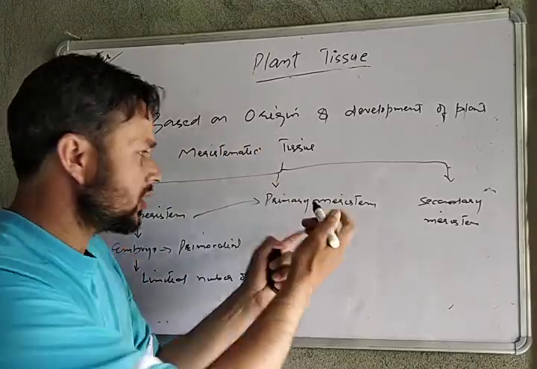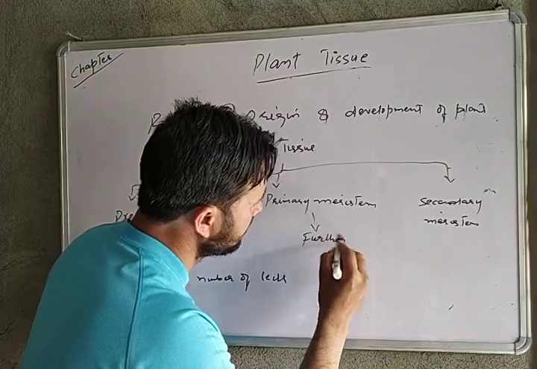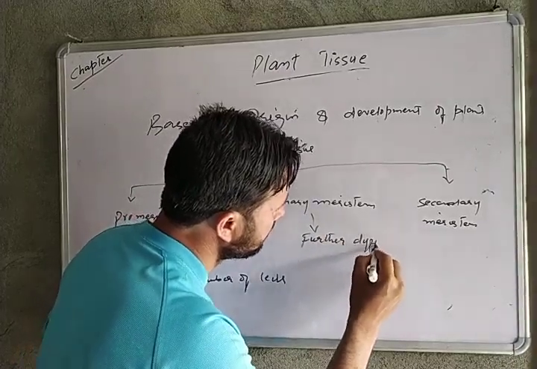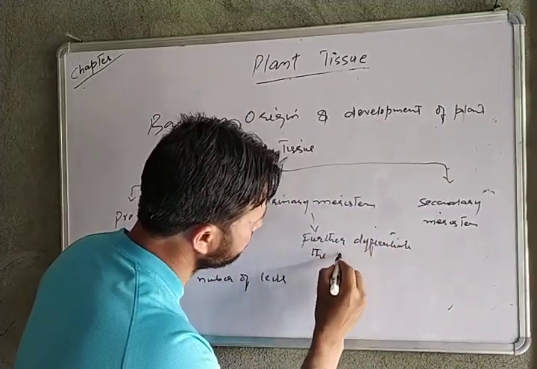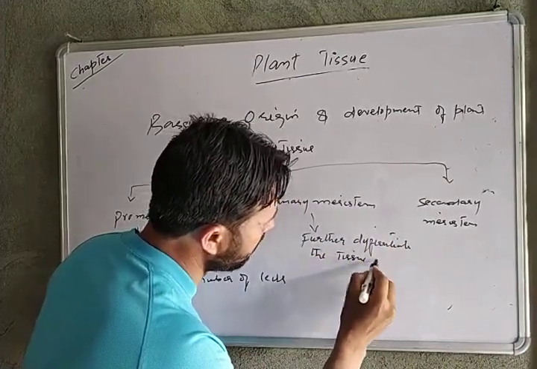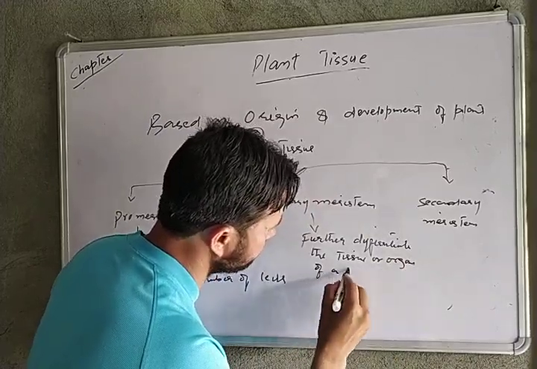This primary meristem further differentiates into the tissues or organs of a plant.